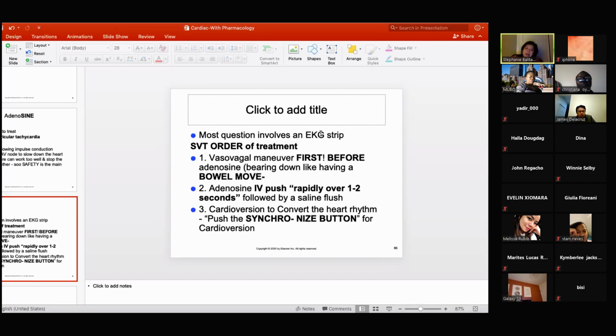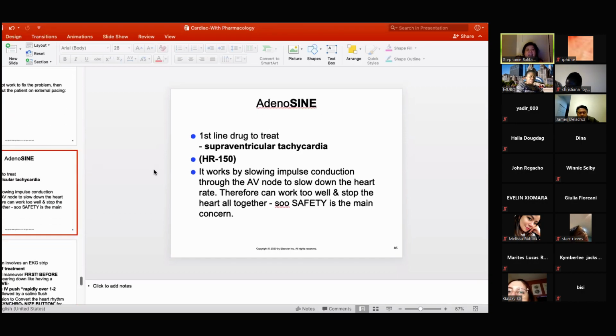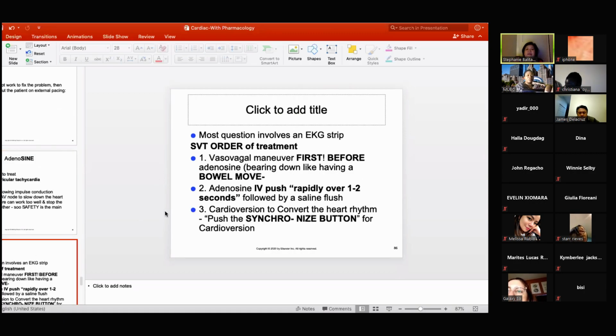Now, remember the other one says atropine works by blocking the vagus nerve action. Adenosine, before you give adenosine, let the patient do a vasovagal maneuver first.